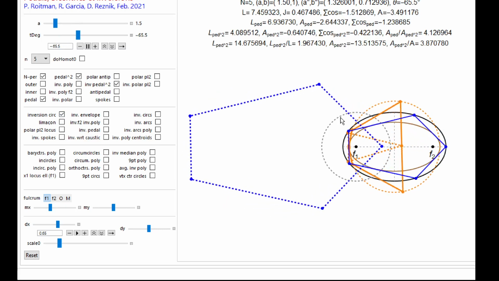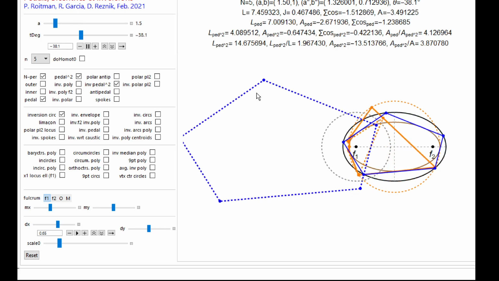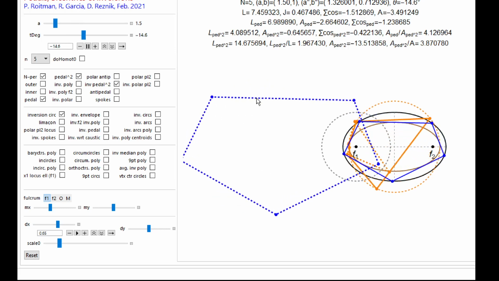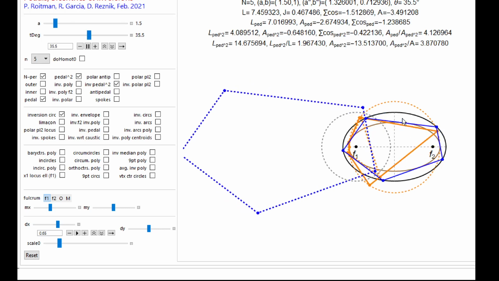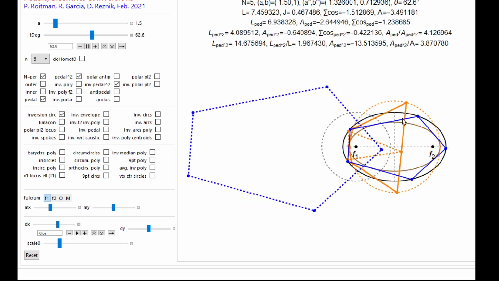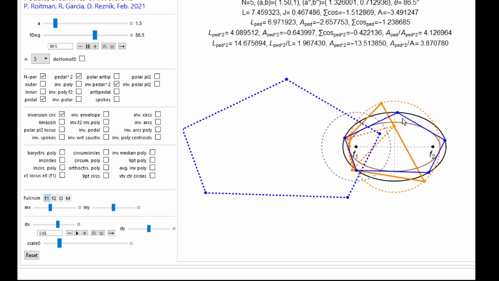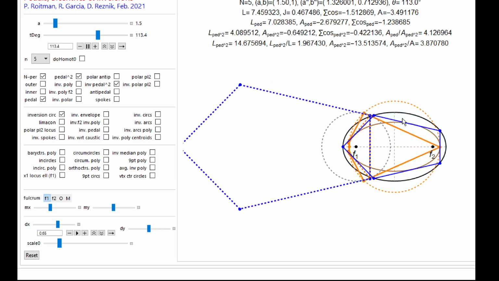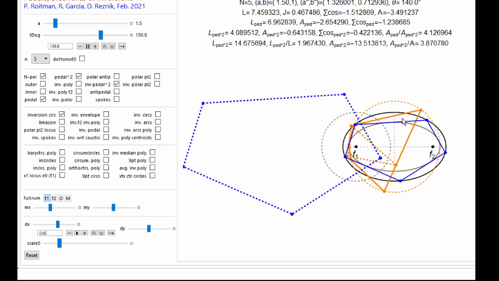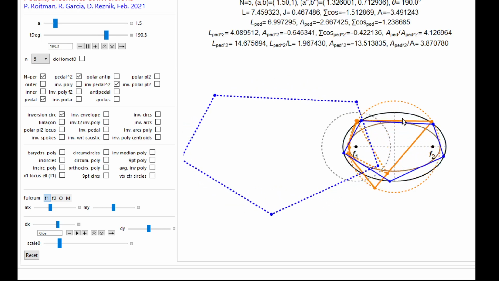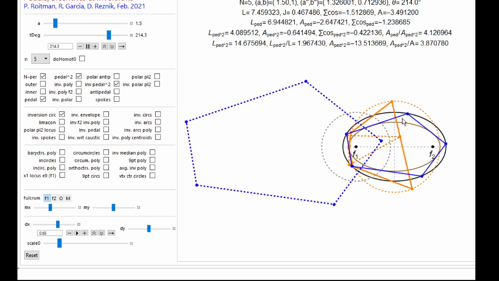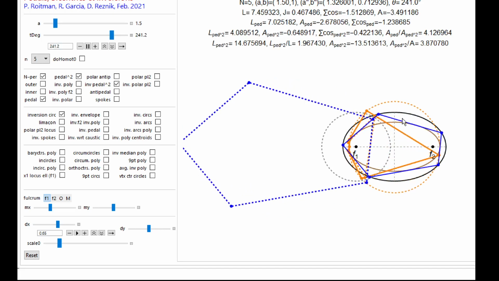But if I changed it, I could make this dash blue family be of the exact same size, with the homothetic ratio equal to 1, in such a way that the two families would just be translated versions of each other. So I have a sequence of 3 operations that takes the original phi periodics to a translated version of itself, translated by exactly the focal distance.